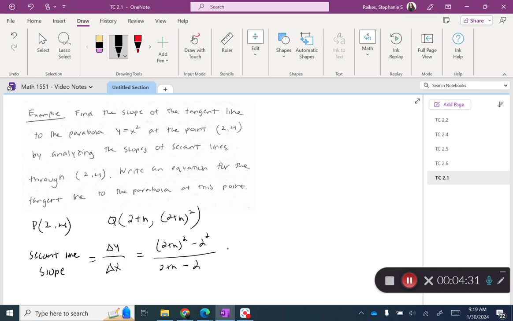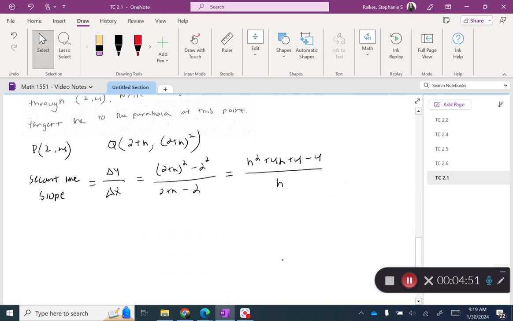Foiling out our numerator, we get h squared plus 4h plus 4 minus 4 all over h. Simplifying a bit more, we have h squared plus 4h over h, and one more simplification with the h's, and we are left with h plus 4.